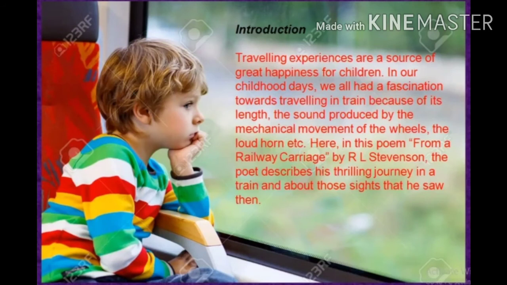Let's introduce this poem. Traveling experiences are a source of great happiness for children. In our childhood days, we all had a fascination towards traveling in the train because of its length, the sound produced by the mechanical movement of the wheels, the loud horn, etc. Here, in this poem, From a Railway Carriage, the poet describes his thrilling journey in a train and the sights that he saw.